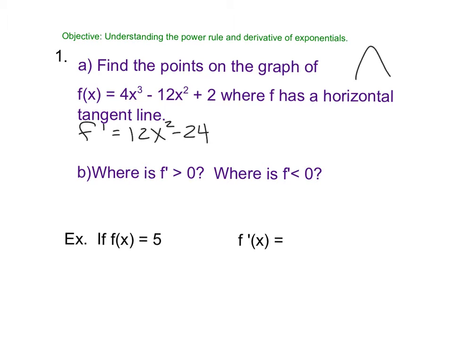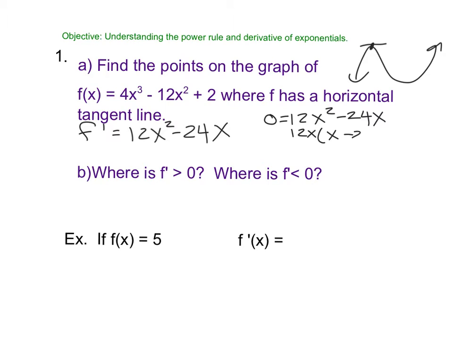Horizontal tangent, remember, is where the slope is 0. I'm going to set that equal to 0. I dropped an x. I can factor out a 12, so 12x, x minus 2. So I get x equals 0 and x equals 2.